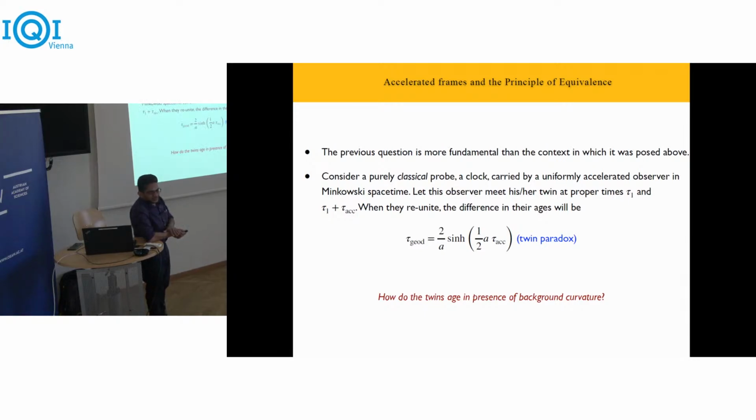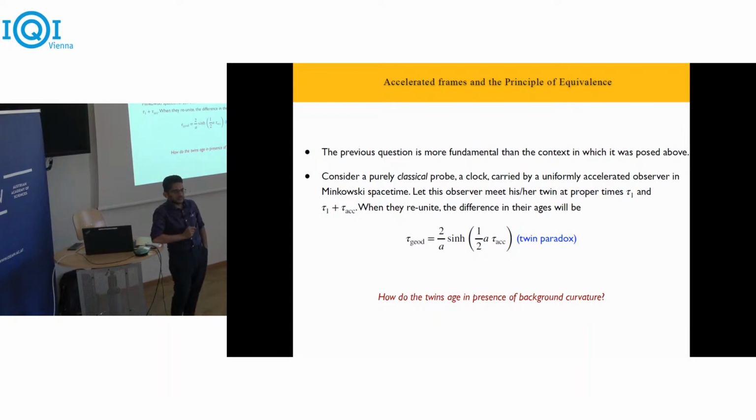Before I jump there, I should mention that there is a classical version of the same result which is not disconnected from the Unruh effect, and that is your twin paradox. Okay. If you have twins, one of which is accelerated, one of which is moving on an inertial trajectory, the relation between the proper times measured by these twins is this textbook expression, which is often used to discuss the twin paradox.